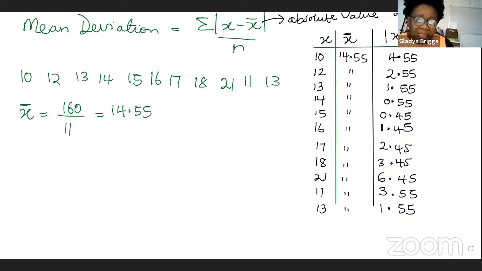Okay, so now you've got everything filled out. You need to work out the sigma, okay? What's the sigma of all of them?